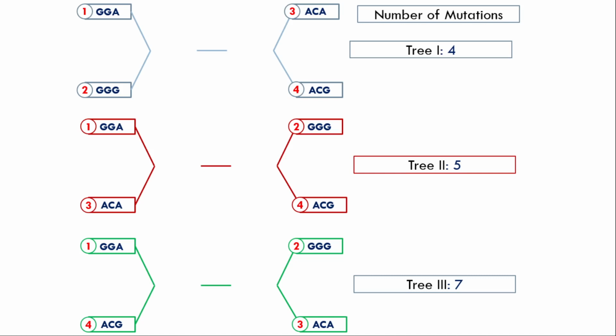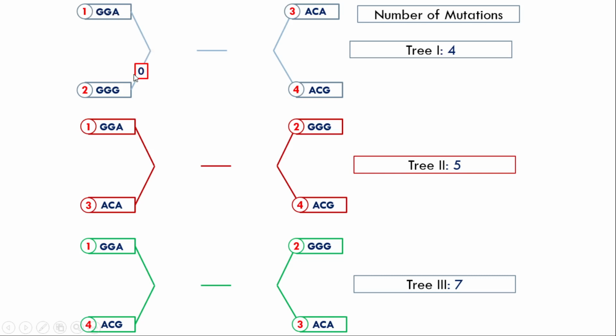So if we consider that the ancestor of 1 and 2 is common, and during the evolution there was one mutation in sequence 1, then with this ancestor there is no mutation in 2, but there is one mutation in sequence number 1.